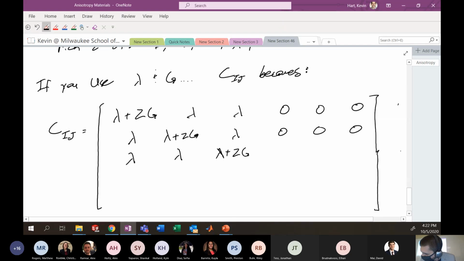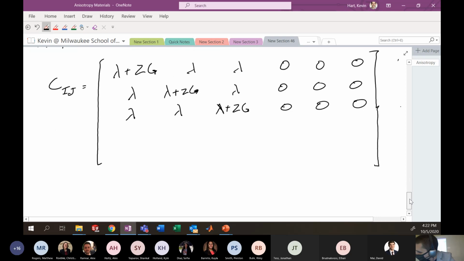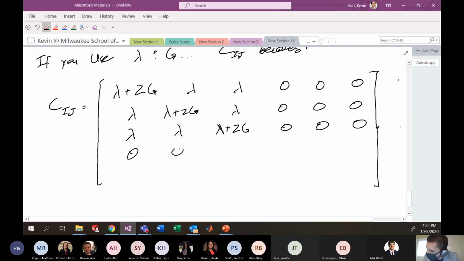Two G or not 2G? No, I think the big thing is 5G these days. And then zeros, rest of the way here. And then we have G, G, G.